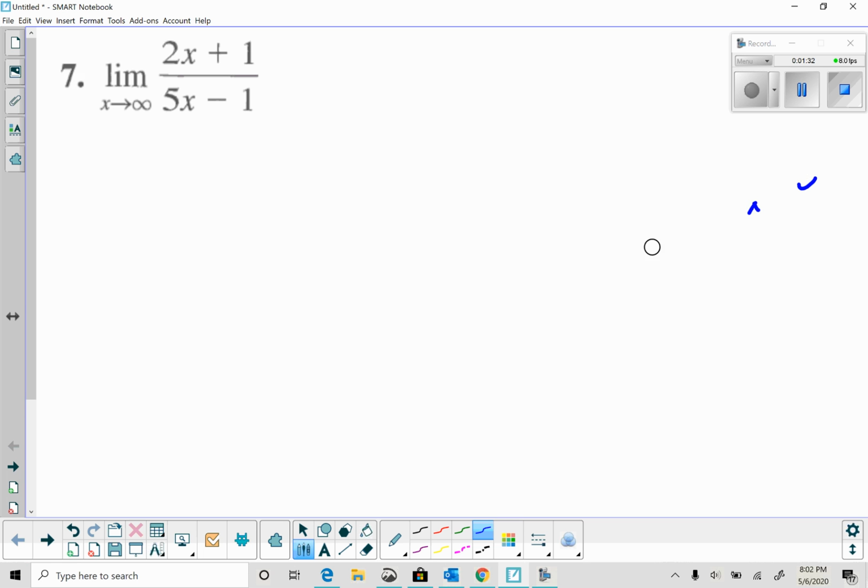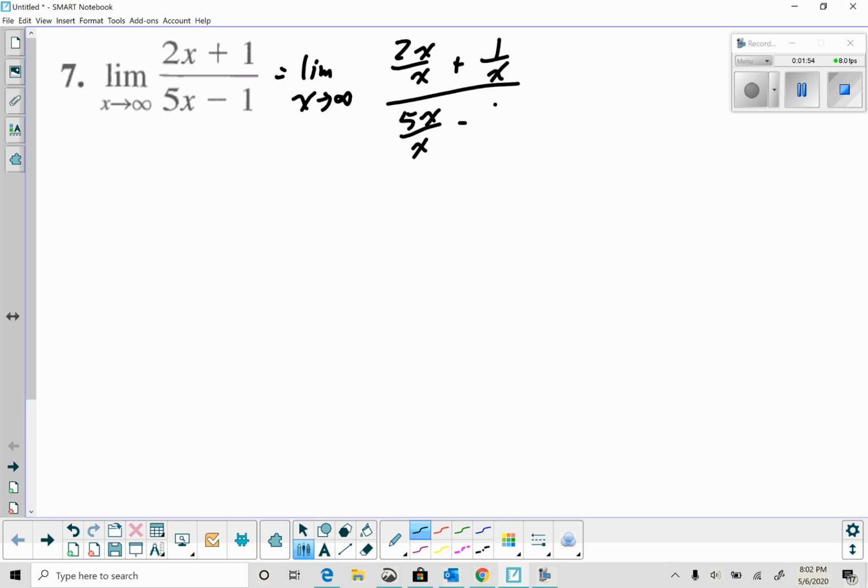In other words, we take the 2x and divide that by x, the 1 divided by x, the 5x divided by x, and the negative 1 divided by x.